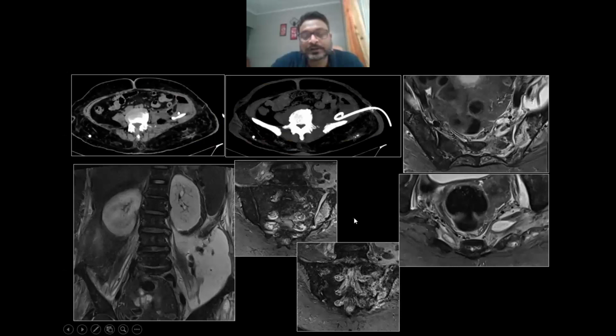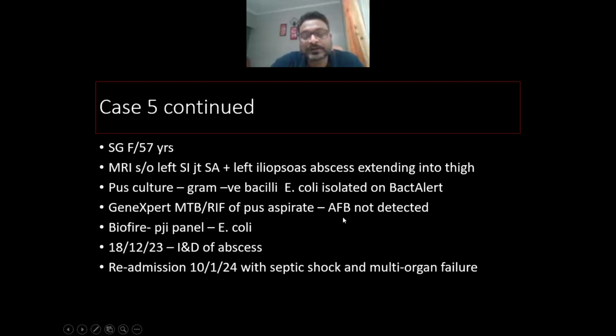So a combined imaging method allows us to stage the disease well for these patients, therefore allowing a good prognostication, and also allowing good drainage of all the large abscesses that would otherwise not heal with just IV antibiotics.